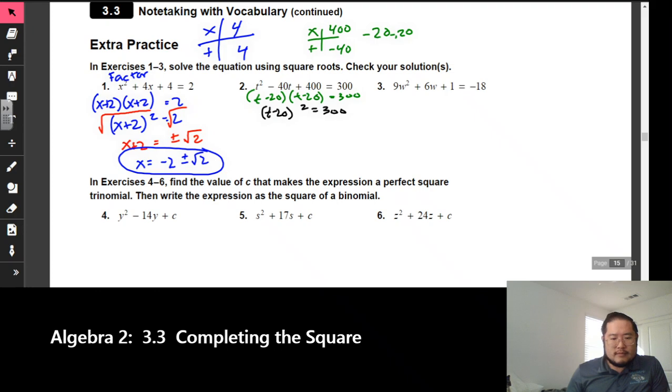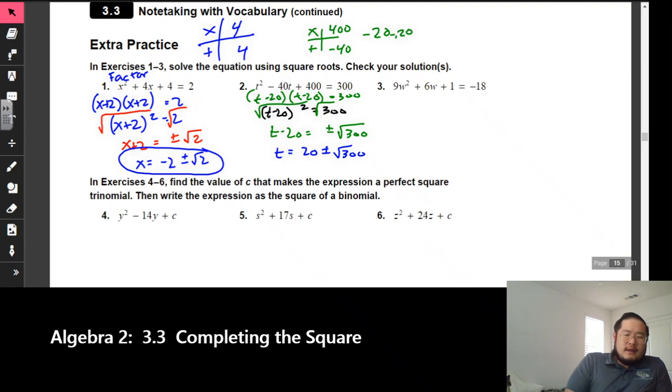Next up, let's square root both sides. So t minus 20 is equal to plus or minus rad 300. We'll add 20 to both sides, so t is equal to 20 plus or minus rad 300. And always think to yourself, can I simplify this any further?